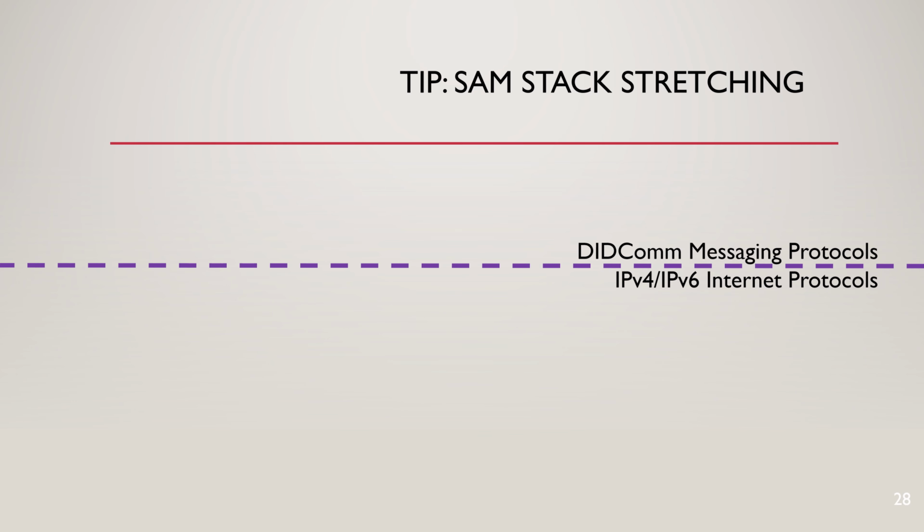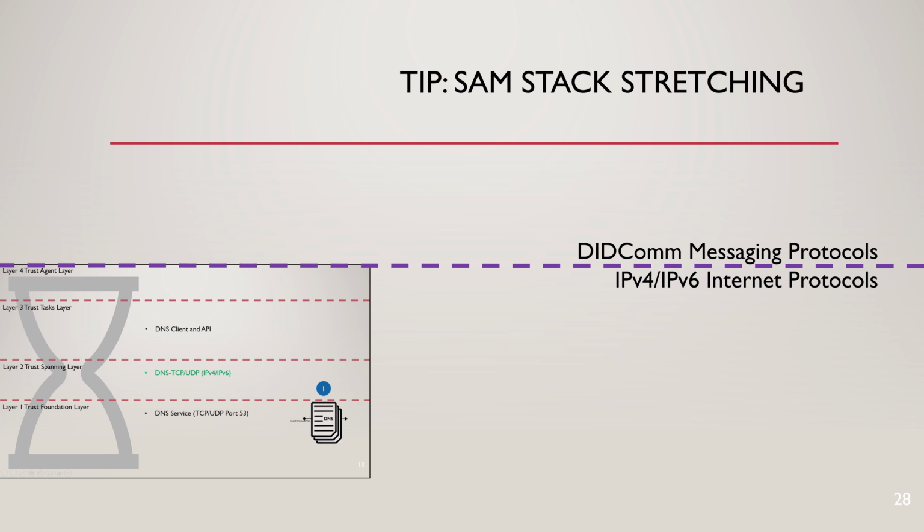And we're going to introduce the purple line. The purple dashed line is our separator between those SAMstacks that use DIDComm messaging and those SAMstacks that use IPv4, IPv6 internet protocols, i.e. primarily DNS for the DIDComm-ARM. So at the bottom now, we've got the bottom half of stack number 1, which is the DNS server.